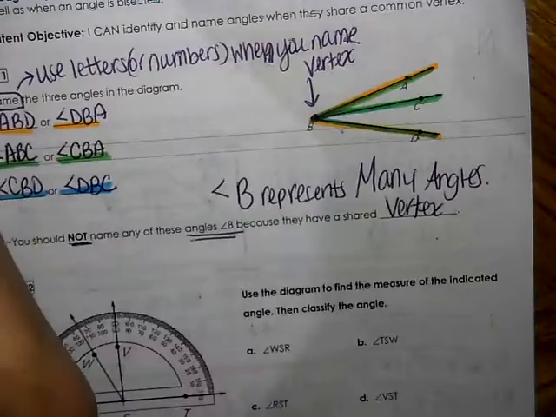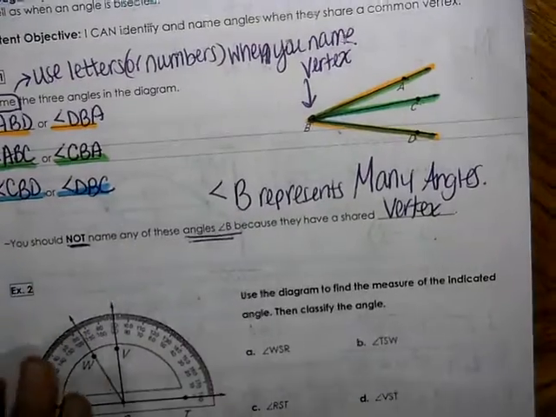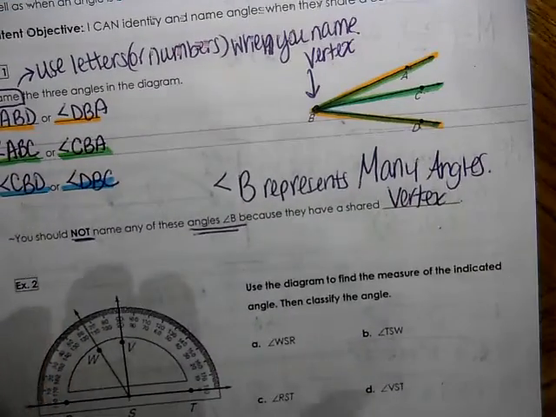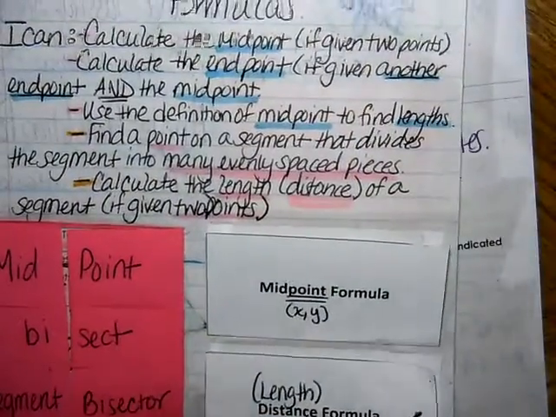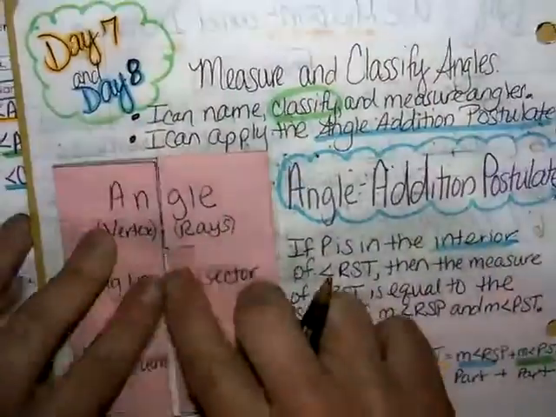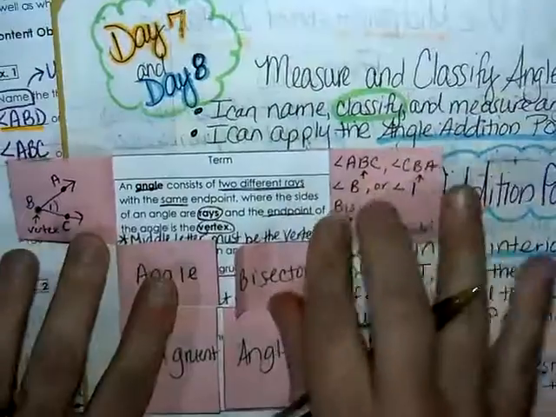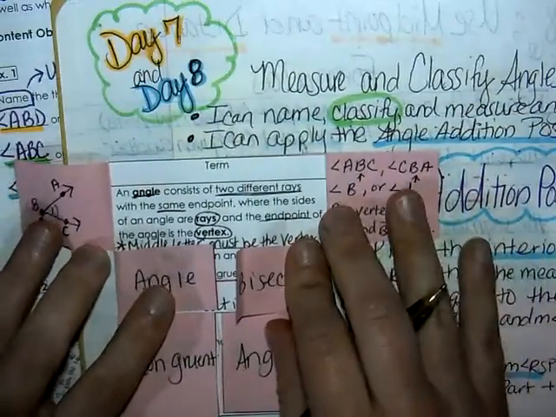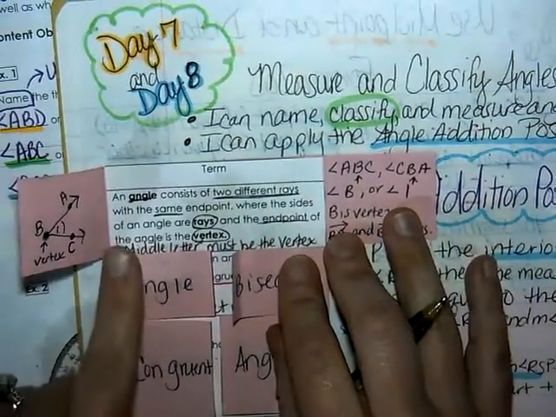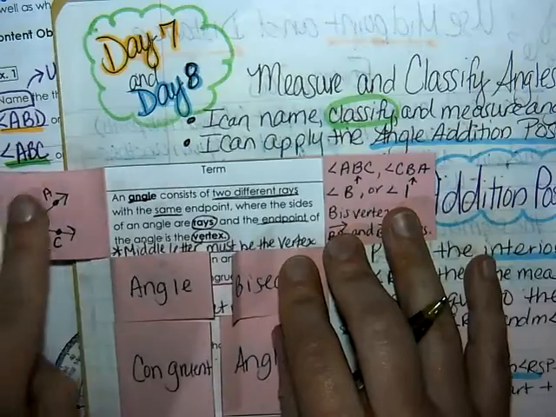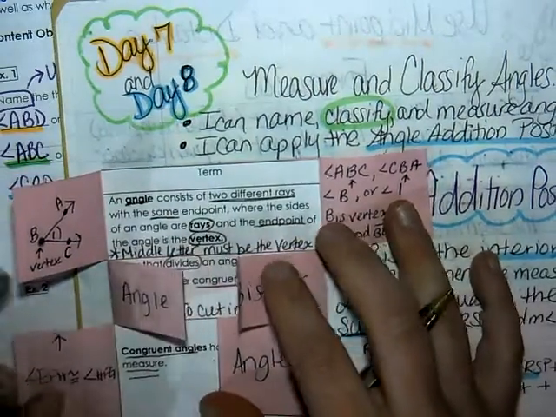But when we were doing our discussion notes, I'm going to go ahead and pull those out. Hopefully you completed this before watching this video. When you look at our discussion notes, we named the angle in our discussion notes angle B, and that was because angle B only represented one angle. So that is a good name for it.